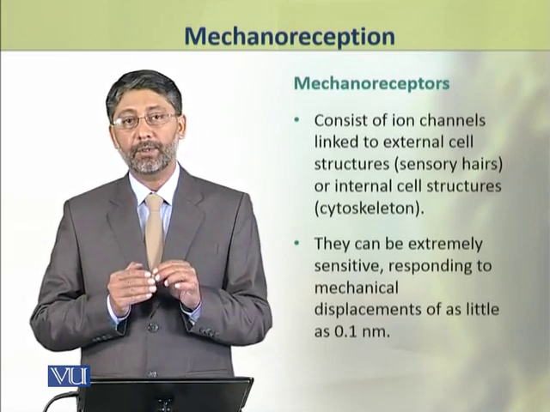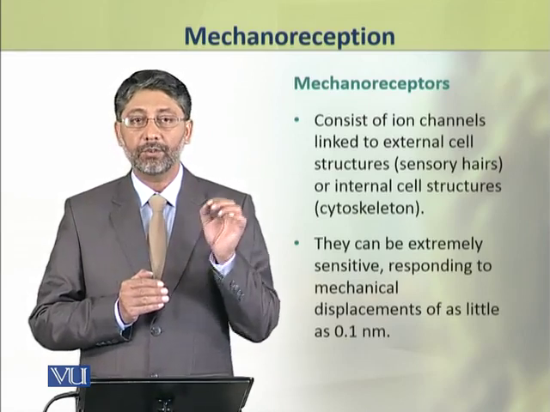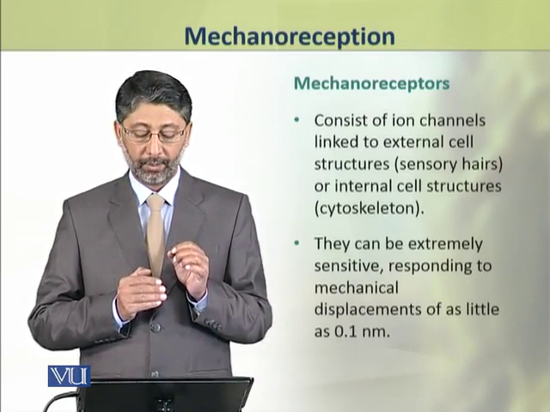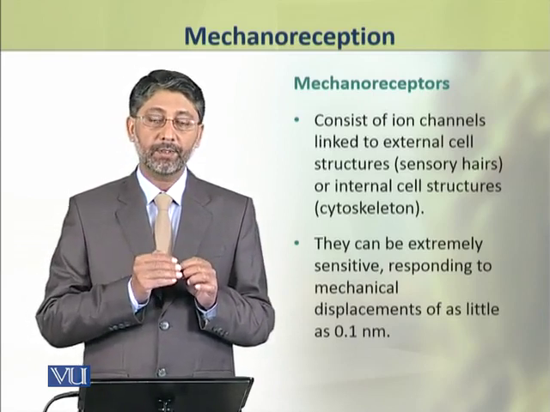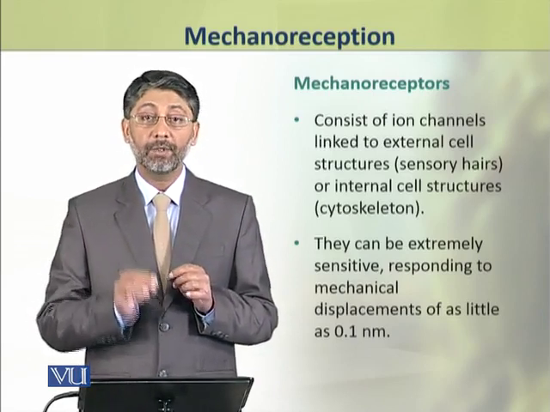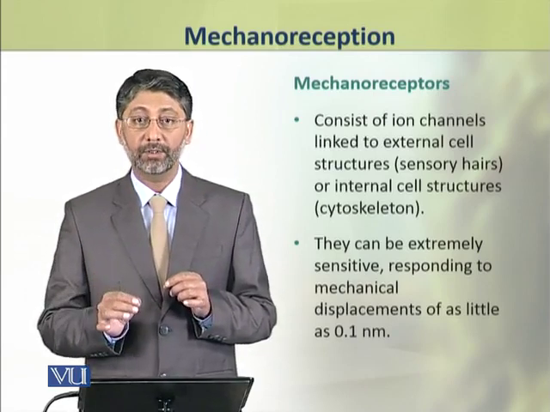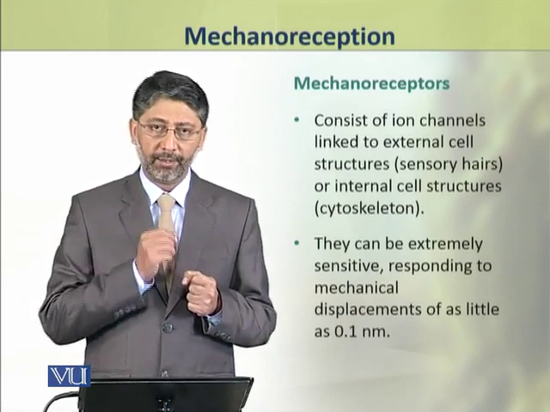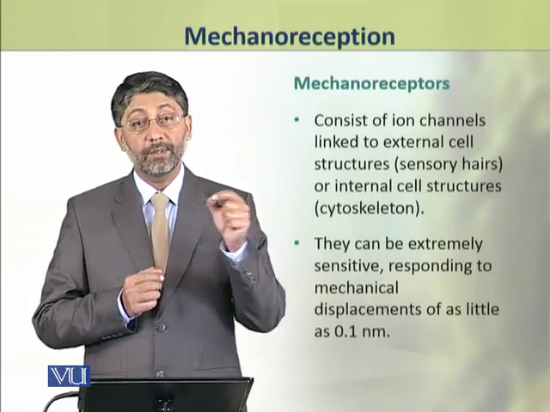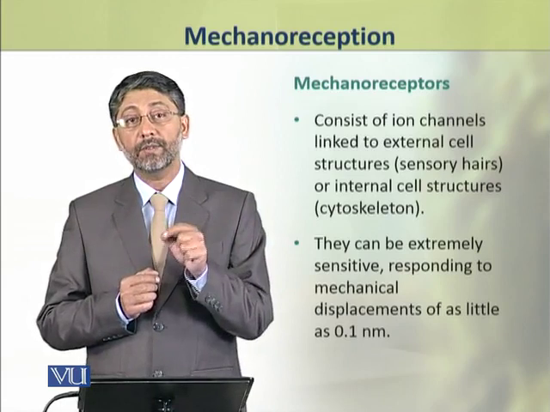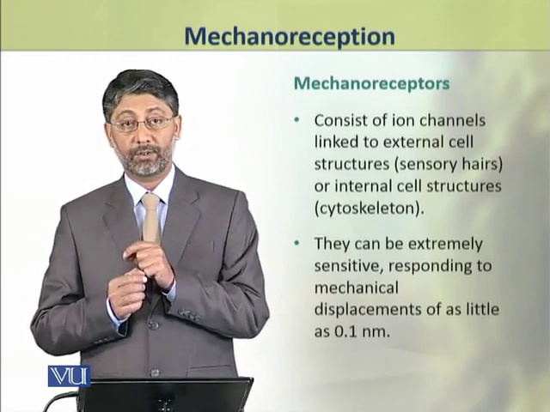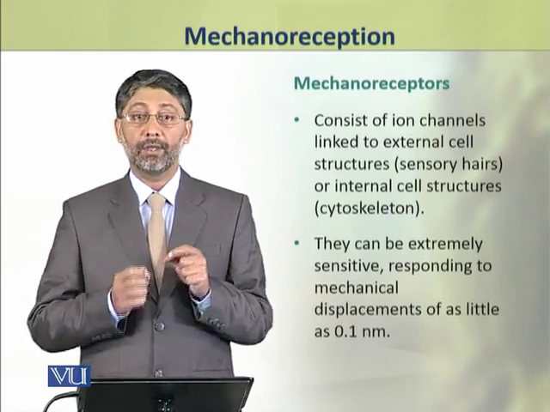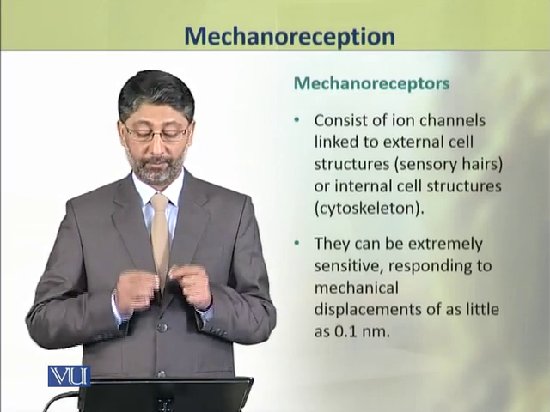These mechanoreceptors consist of ion channel proteins. These ion channel proteins are linked to some type of external structures, for example, cilia or sensory hairs, or these are associated with some type of internal structure that can be stretched, that is the cytoskeleton.